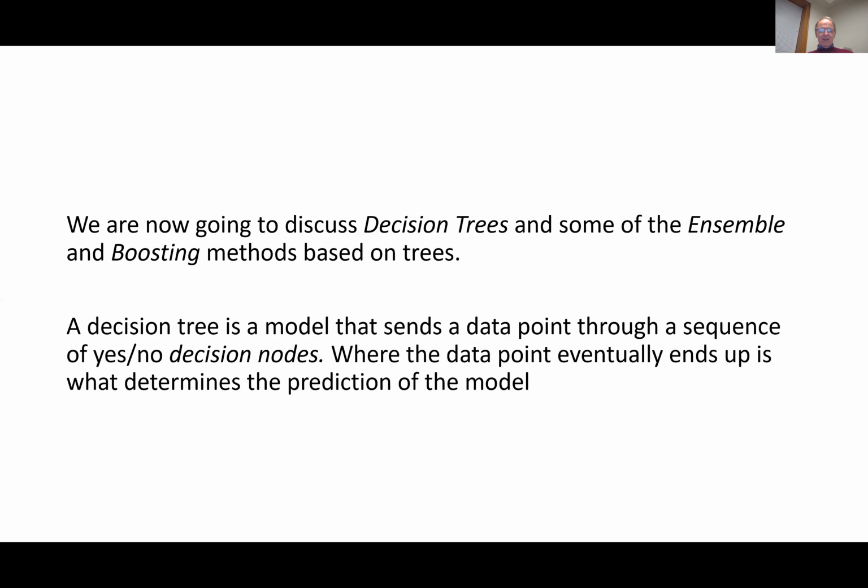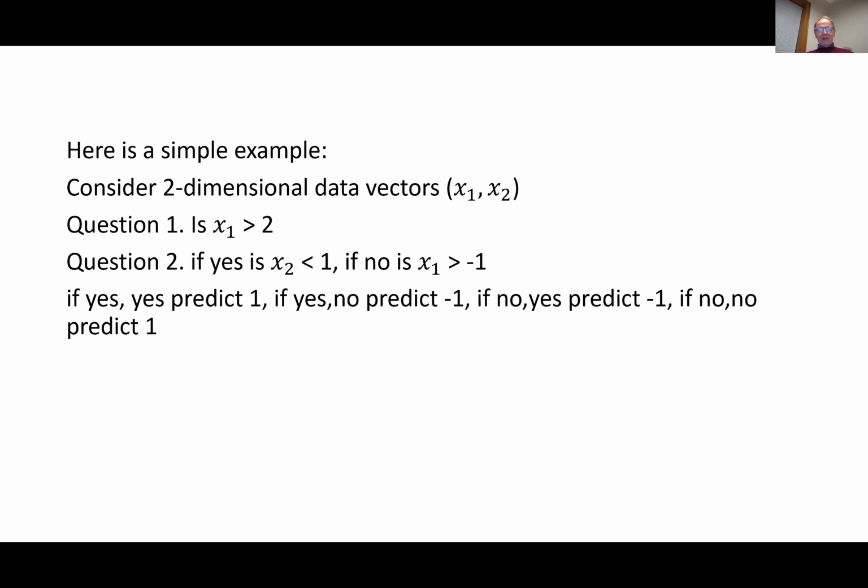Depending on what the answer is at each node, it will send it to the left or to the right, and it'll continue until it ends up at some category, or we decide that we have gone far enough. So here's a very, very simple example.